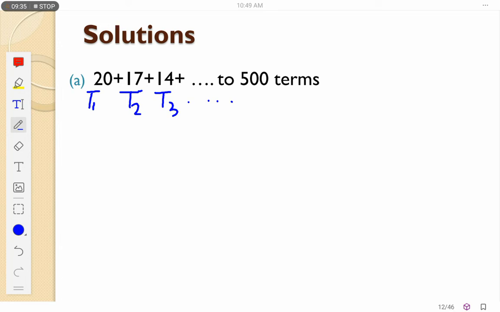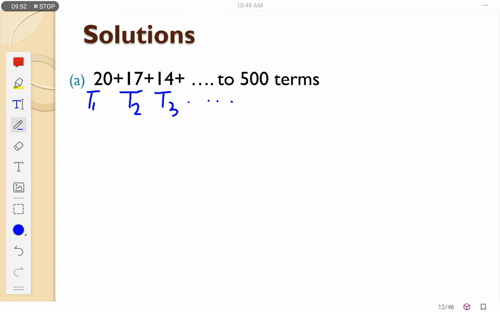When we talk of arithmetic series, it means we have a common difference. When we talk of geometrical series, it means we have the same common ratio.